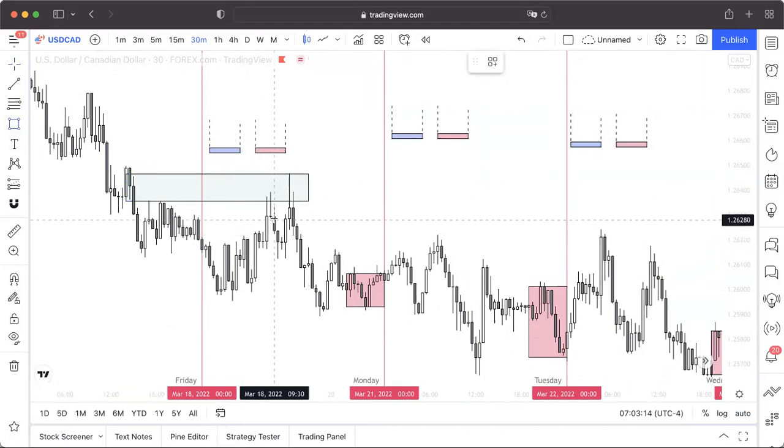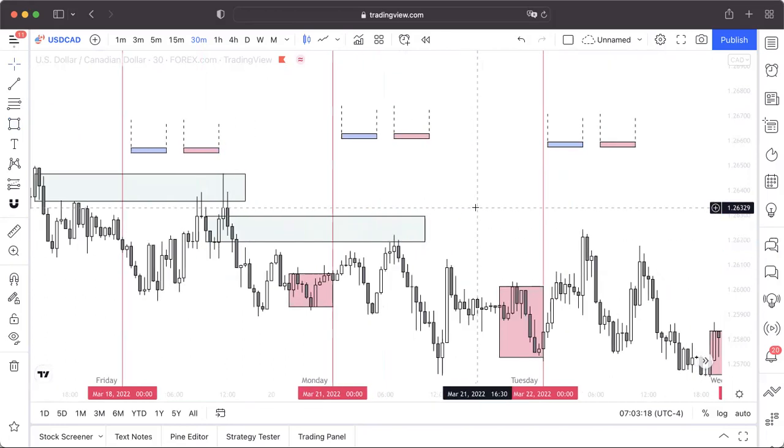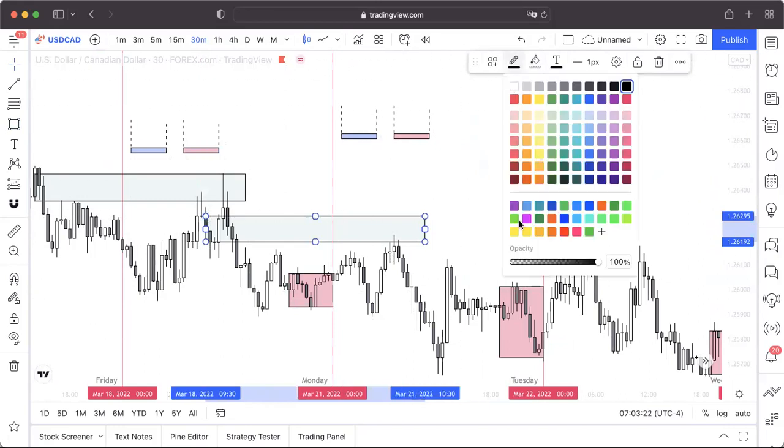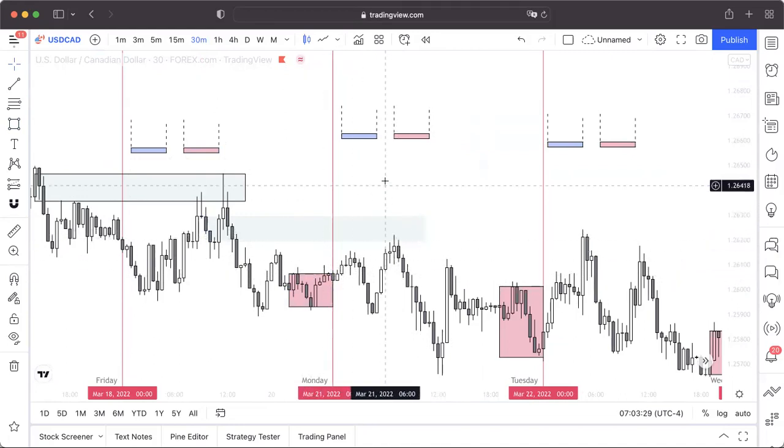Then we had this breaker, and if you actually look at the Monday, you can see that here we have this breaker. And what happened here is that the market traded up to the breaker, see?